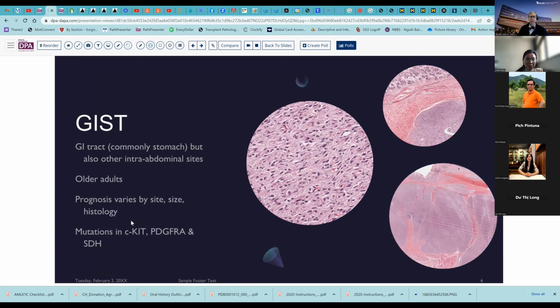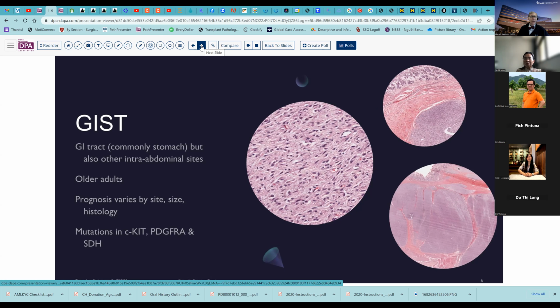Now, we all know that this is most frequently associated with a c-KIT mutation, but there are a couple of other mutations that can occur. The platelet-derived growth factor alpha, and occasionally succinate dehydrogenase can also give you a GI stromal tumor. And oftentimes these other mutants will be much less responsive to the traditional therapy with imatinib or sunitinib.